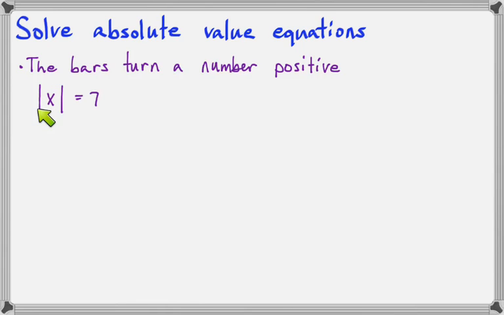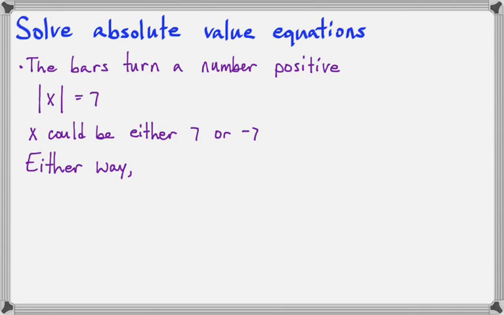Because remember, what the bars do is turn the number positive. If I have a negative 7 and do its absolute value, that'll make it positive 7. And if I have a positive 7 and leave it positive, it'll give me positive 7. So x could be either 7 or negative 7, because either way the absolute value is 7.